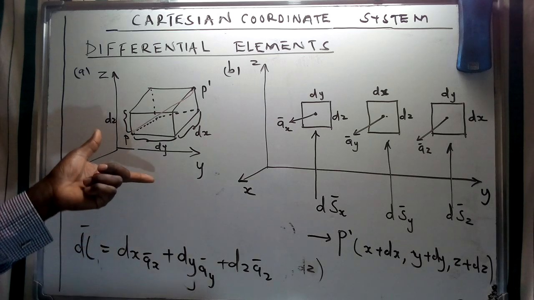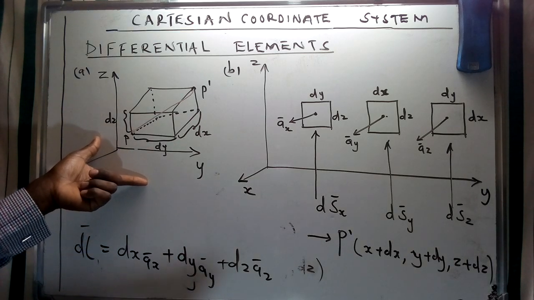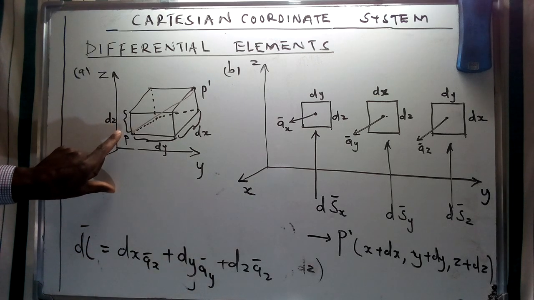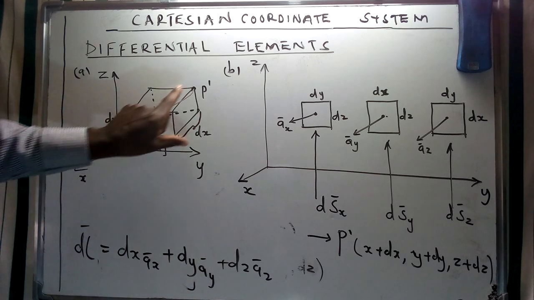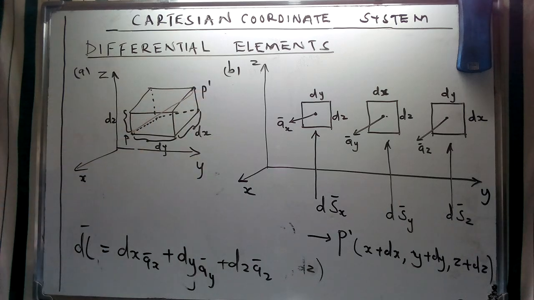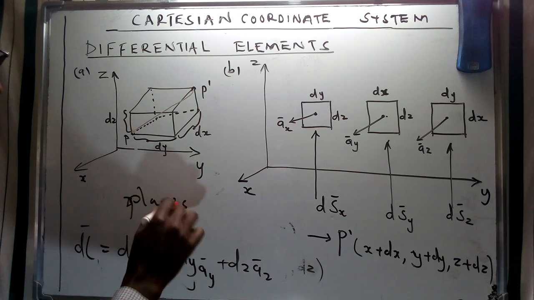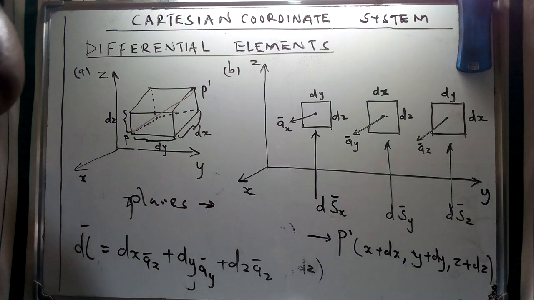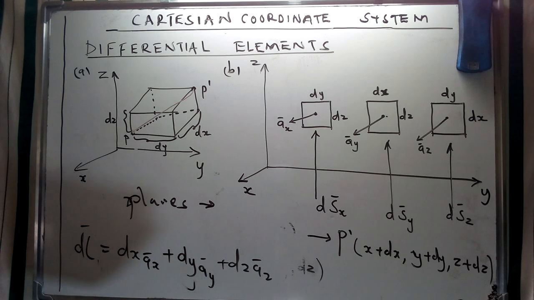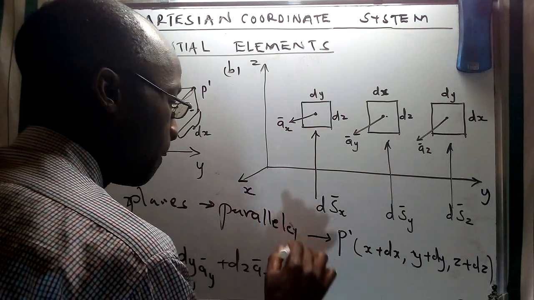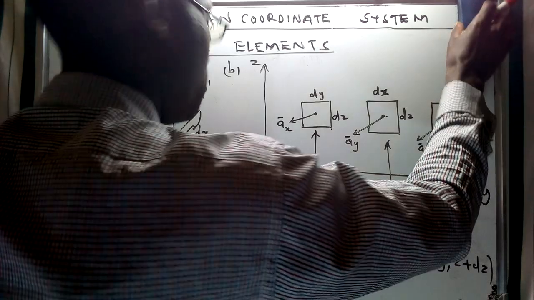So this particular change, an increment, is going to create an intersection of these first three planes for P and the next three planes for P prime. And therefore, the 6 planes which intersect are going to give us a differential volume that is defined by what we refer to as a parallelepiped.